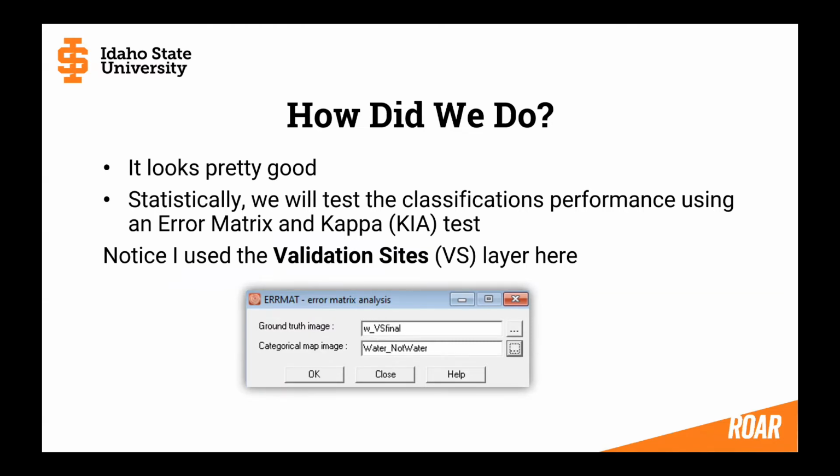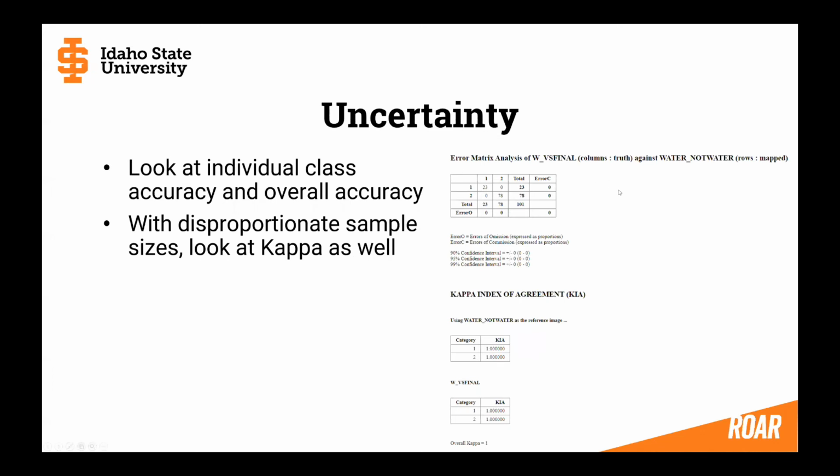I trained and classified with the training sites layer, but now I'm validating with the validation sites layer. And there, once again, is our water, not water output image. So I click OK. How did we do?